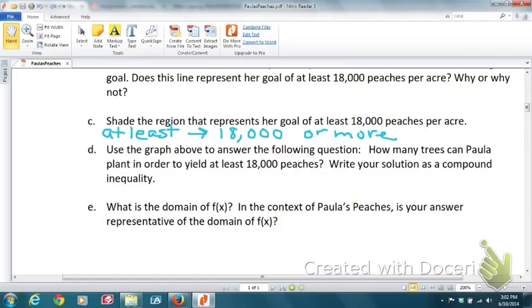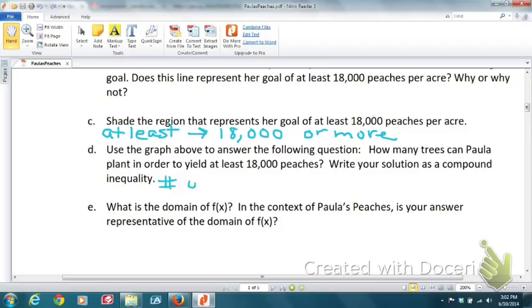In D, it says, use the graph above to answer the following question. How many peaches can Paula plant in order to yield at least 18,000 peaches? Then you need to look at that line. And when they're asking you a question like that, how many trees, remember the number of trees is given by x.